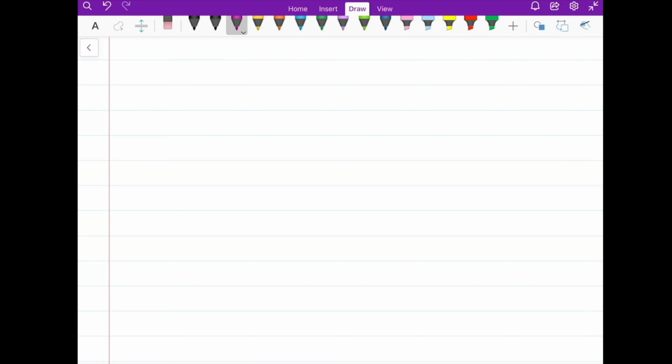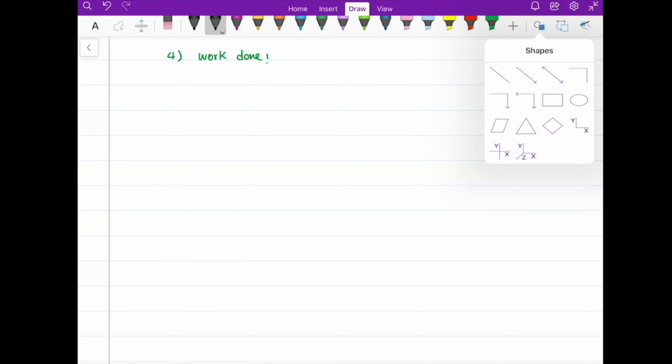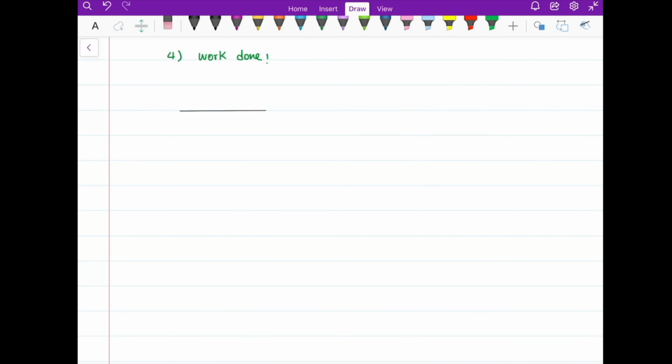Then another application, the fourth application, would be the work done. Assume that we have just a mass here, and then we have a vector F, which is like a force, and a vector d for the displacement.